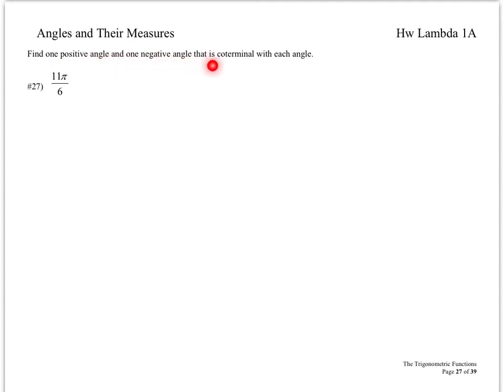Supposed to find one positive angle and one negative angle that is coterminal with this angle. To find coterminal angles, all you have to do is take a complete revolution and add it or subtract it. Since we're in radians, we're going to be subtracting or adding 2 pi, or a multiple of 2 pi. So we take our 11 pi over 6, we add 2 pi to it.